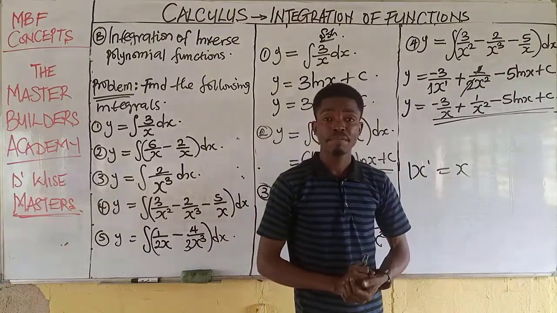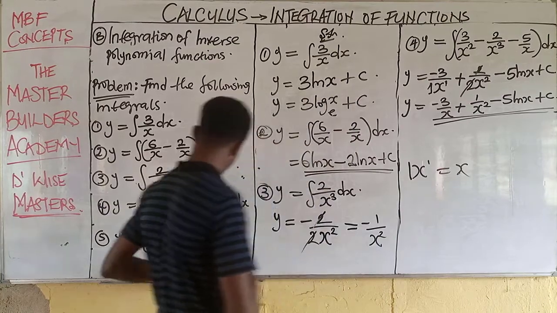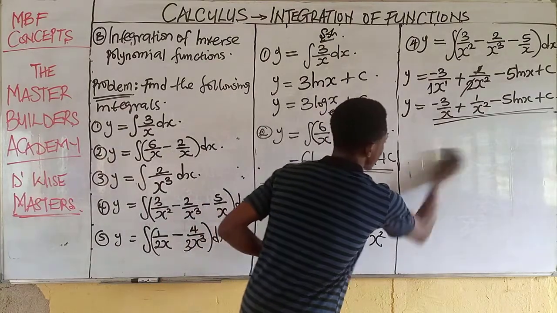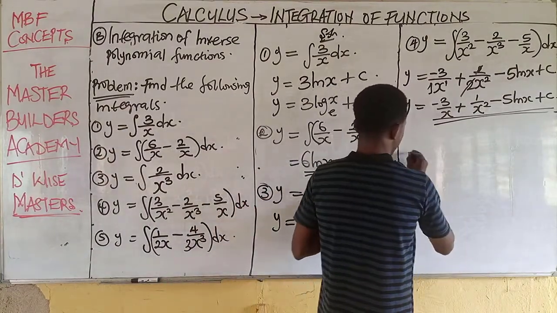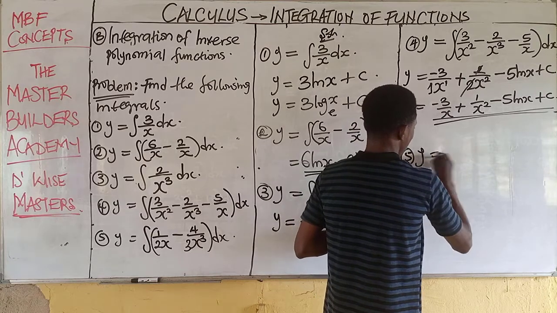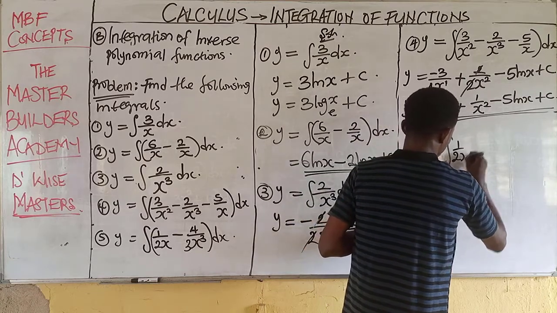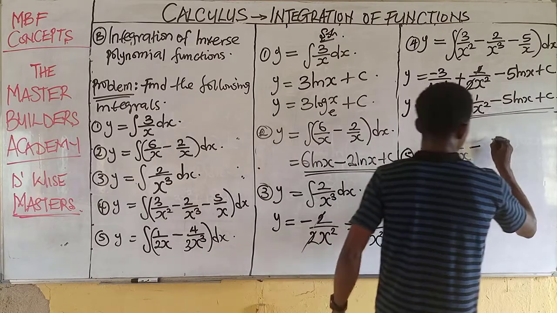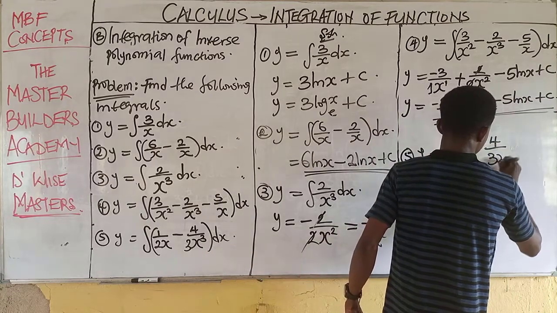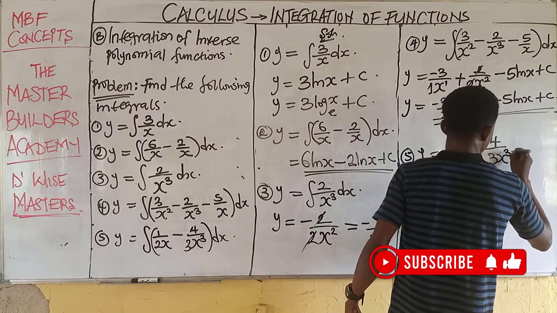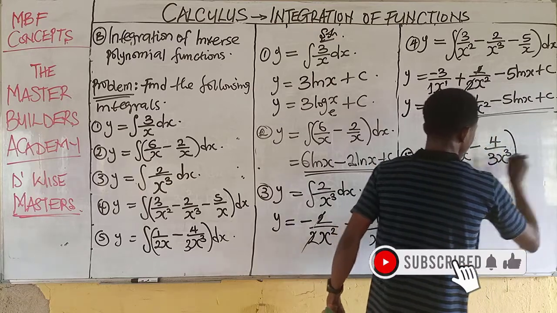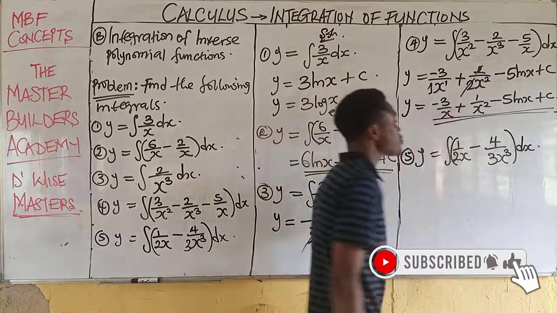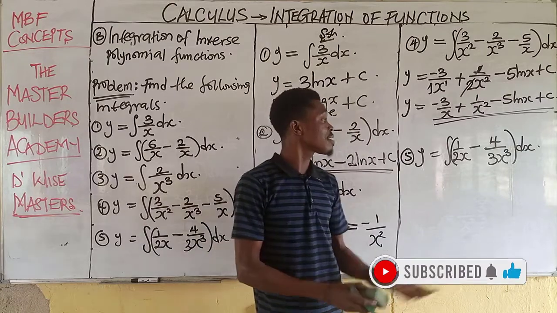Then finally, let's look at question number 5. Now we have question number 5. Y is equal to the integral of 1 over 2x minus 4 over 3x cubed, all dx. As simple as this.